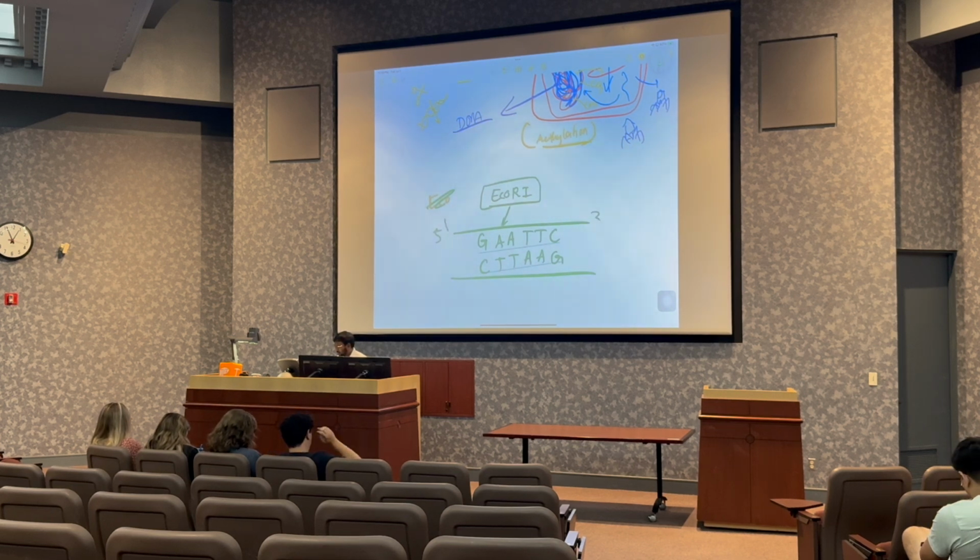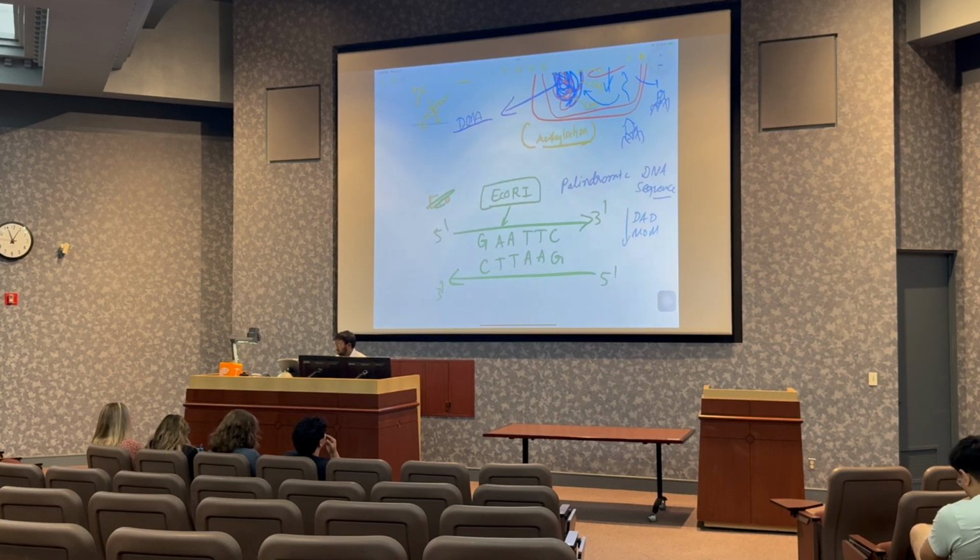This is 5 prime to 3 prime, and this is 5 prime to 3 prime. The arrowheads are like this. So can I call the sequence a palindromic sequence? Anyone? I have discussed what a palindrome is. Like you said, words like dad, like mom, are palindromes.